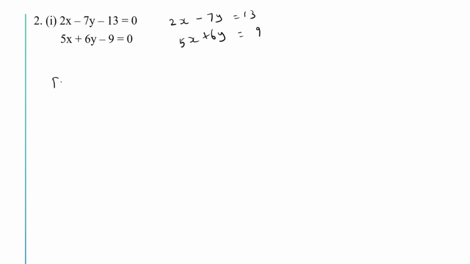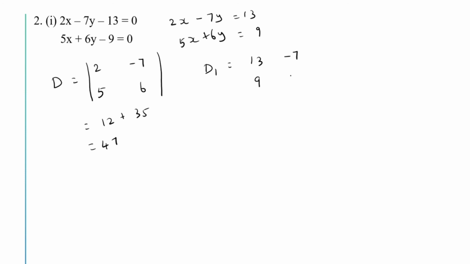Now let us write D. D is 2, minus 7, 5, 6. So this is equal to 12 plus 35. So it is 47.